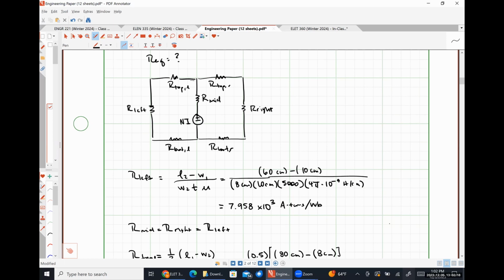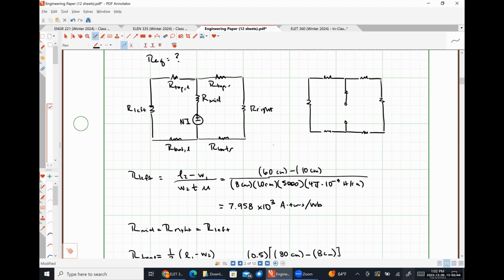So effectively, we're going to have something that looks like this. I'm not going to bother labeling any of these things because the labels are on the left-hand side. But this is our structure, right?